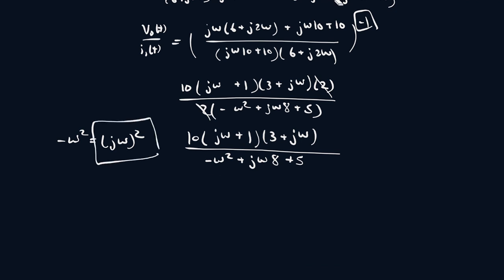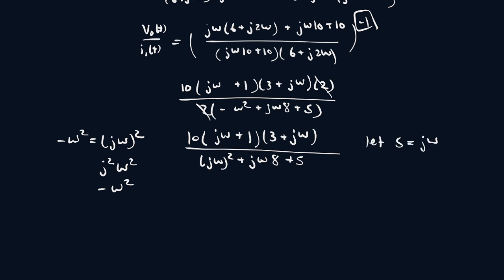But we can rewrite it like this, because this will just be j squared times w squared, which will be minus w squared. So we'll just replace this with jw squared. Now let s equal jw. So this will be 10 times s plus 1 times 3 plus s, all over s squared plus 8s plus 5.